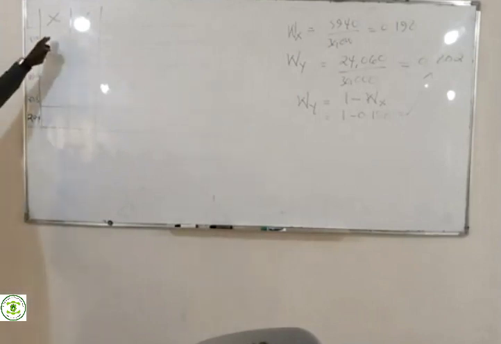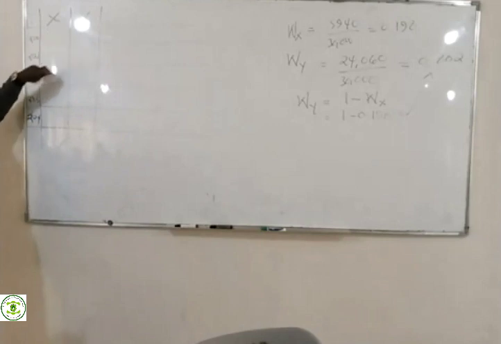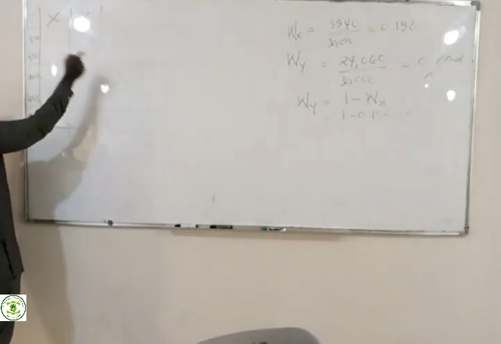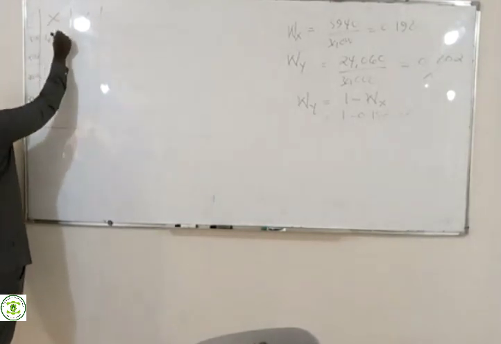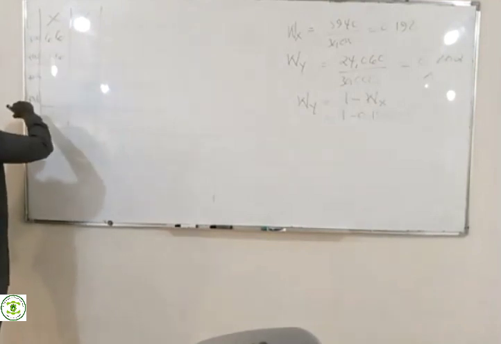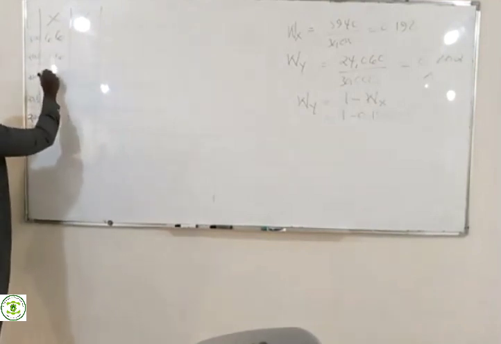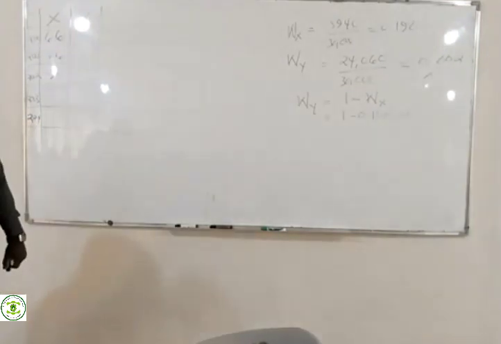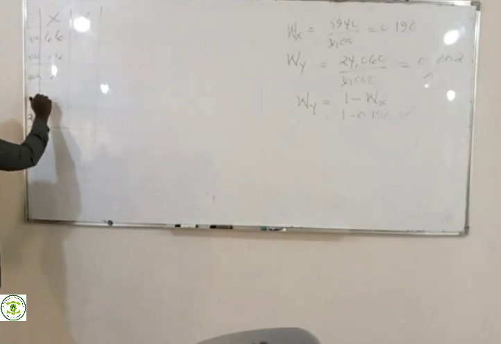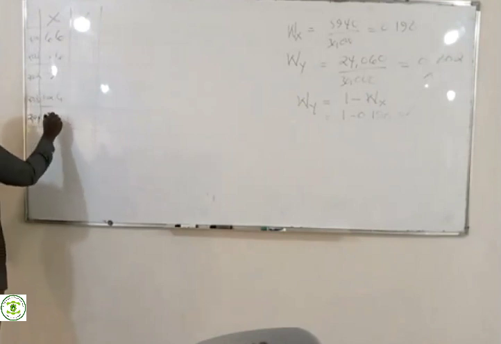Okay, so let's proceed. By the time I leave, I want to give 100 marks to students. So here for X will be 6.6, 5.6, negative 9.0, 12.6, 14.0.